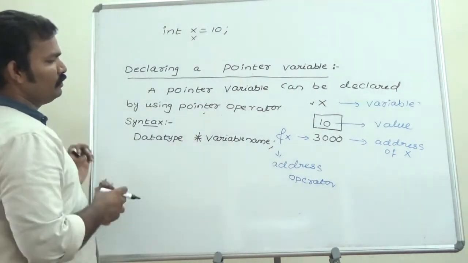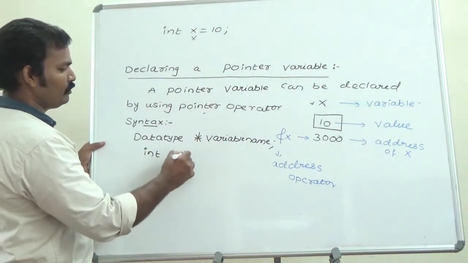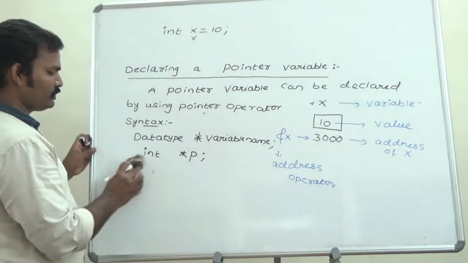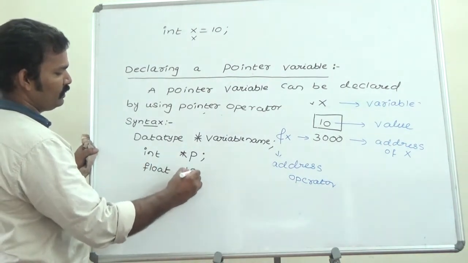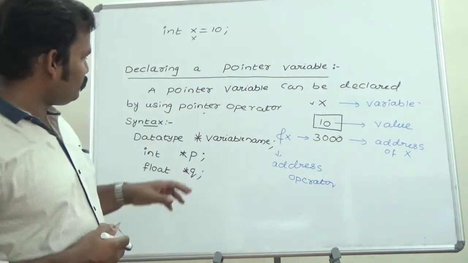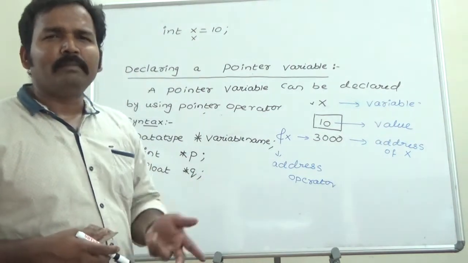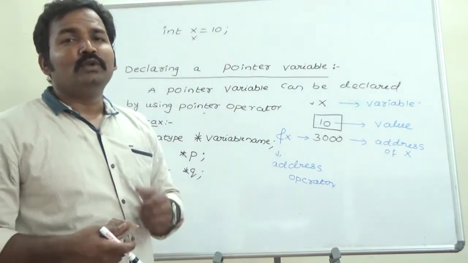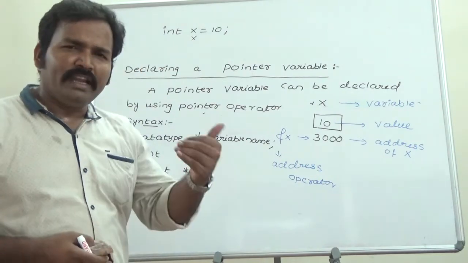Here I am following the first syntax: int *p. Int or float, any data type you can take. Float *q. When we declare pointer variables like this, the C compiler allocates 2 bytes of memory for a pointer variable of any type.